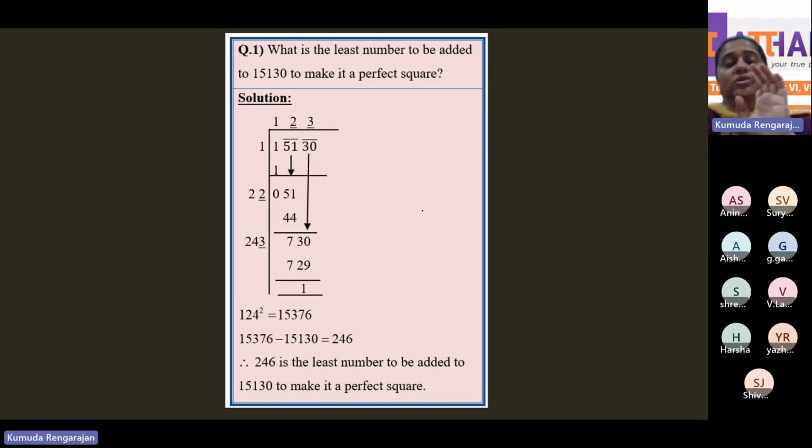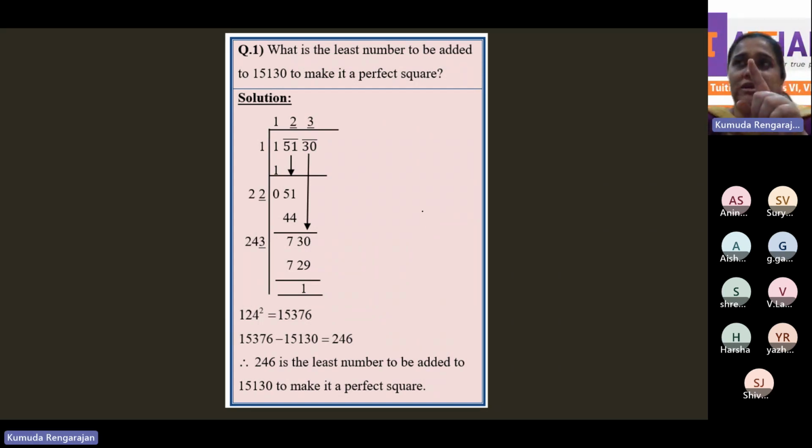So like that, children, you need to remember this procedure with an answer. Like you must ask yourself, what is the method if the given number is not a perfect square and I have to find the least number to be added? What is the procedure? Is the question. And the answer to that is I have to perform the long division and then ignore the remainder.